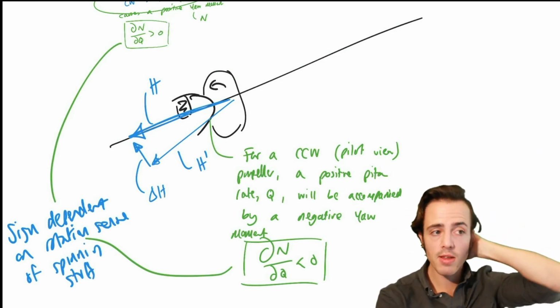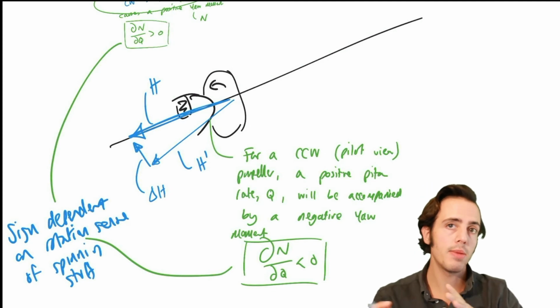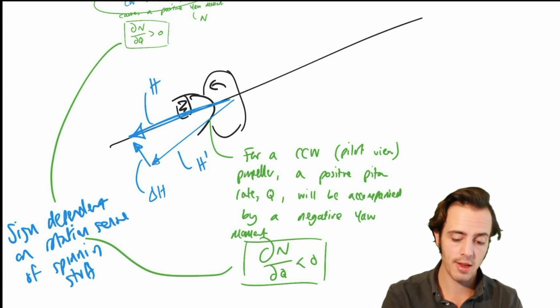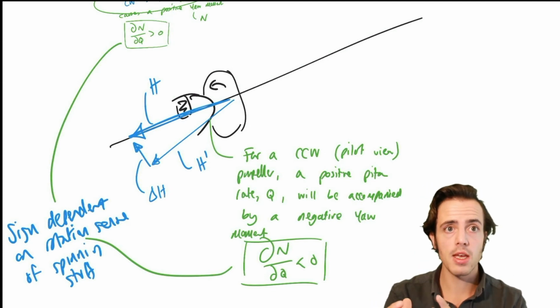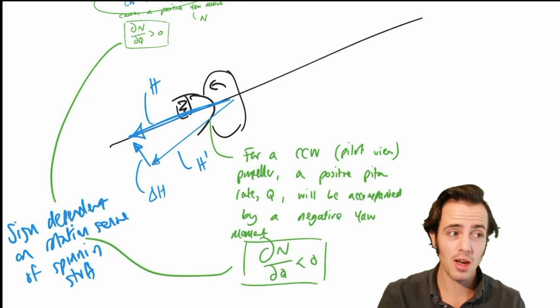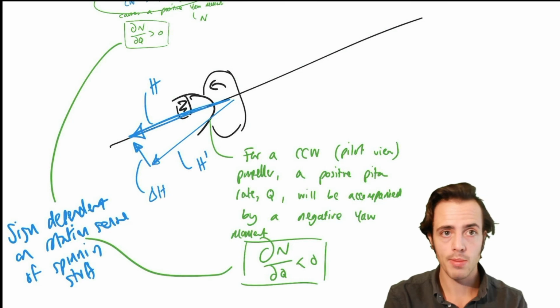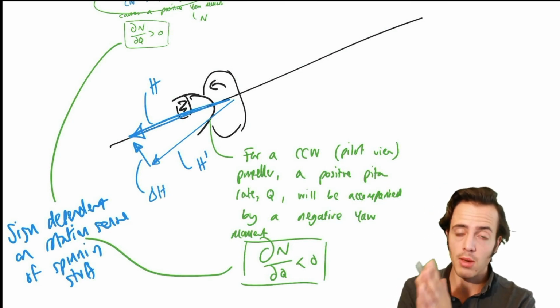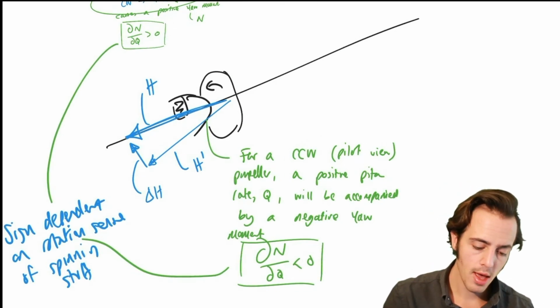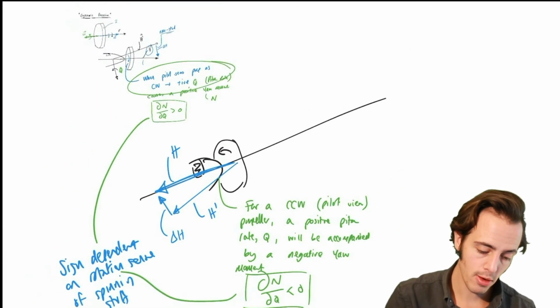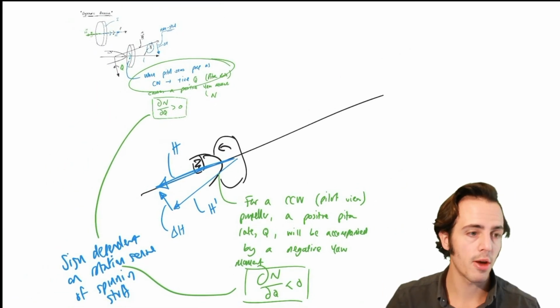It's part of the reason why the turns can be asymmetric in a lot of different aircraft, because the aircraft has this tendency to want to turn in one axis when we pitch it. And there's the exact same coupling between, if we try and yaw the aircraft, it will have this tendency to pitch as well. And I leave it to you guys to look at the sign convention for those.